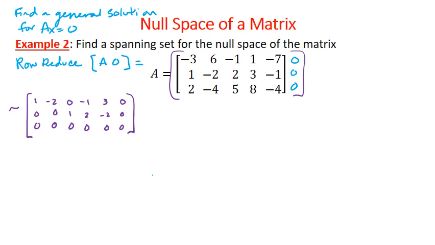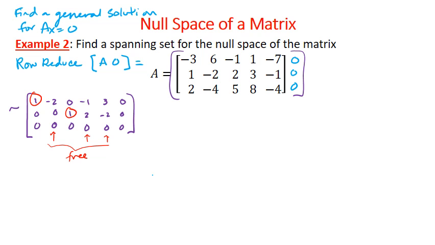Okay, so I end up with this matrix. Let's review what this tells me. I have some pivots here and no pivot here, here, and here, which means these are my free variables.